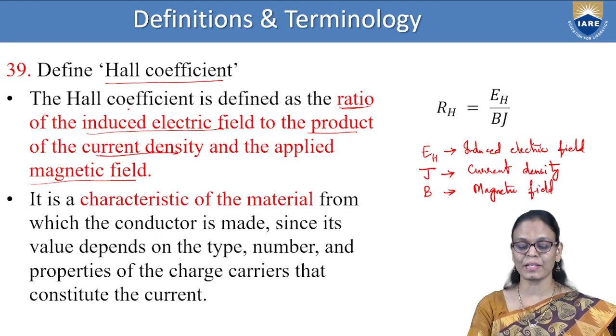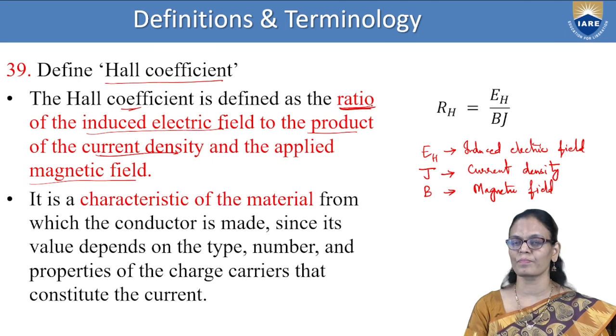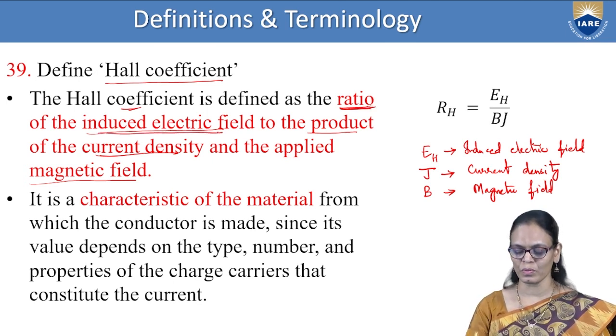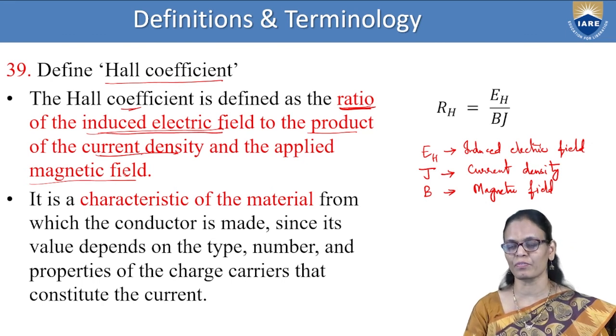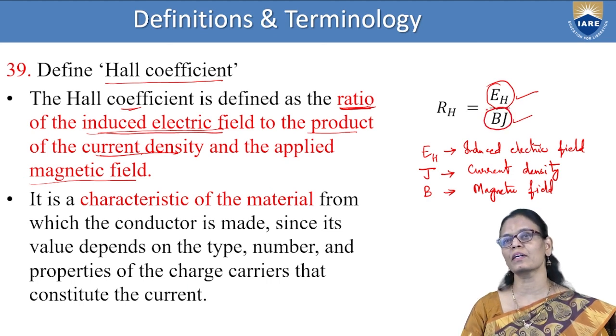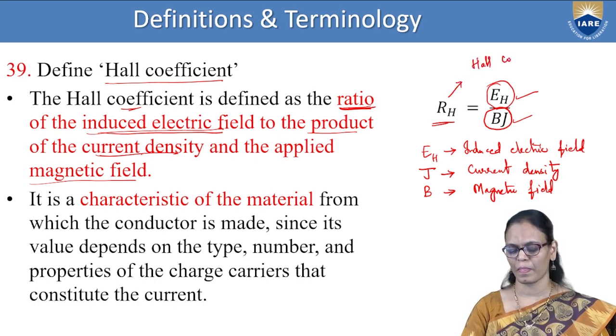So what the statement says is the ratio of electric field to the product of current density and magnetic field. So BJ. So it is EH upon BJ. RH here represents the Hall coefficient.